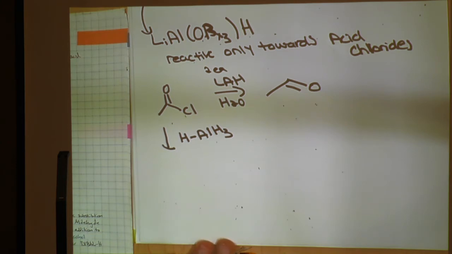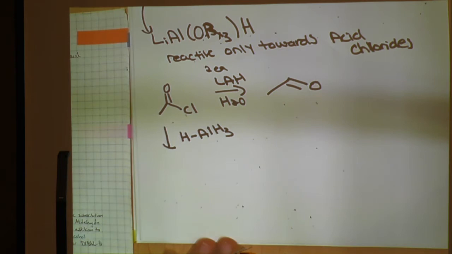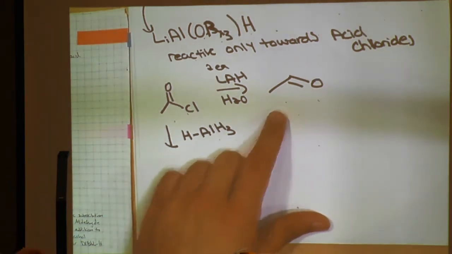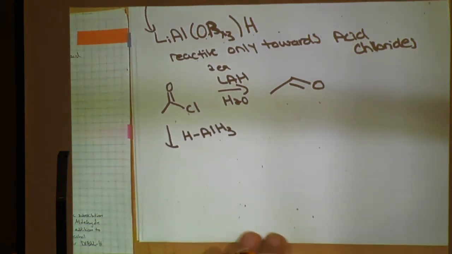You're going to see it in the mechanism, and that's why I'm bringing it up. We can keep it going until we get to the primary alcohol. I'm just showing you the reaction you actually need to know for the ACS, because from there it's just proton shift, finish off, done, and you have your primary alcohol.